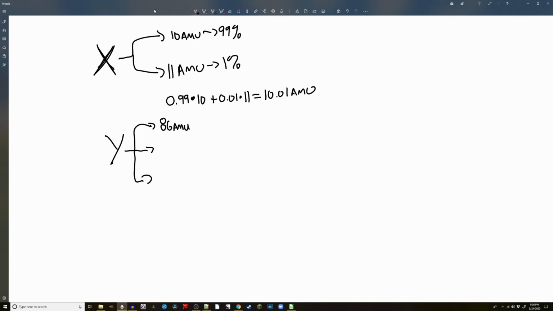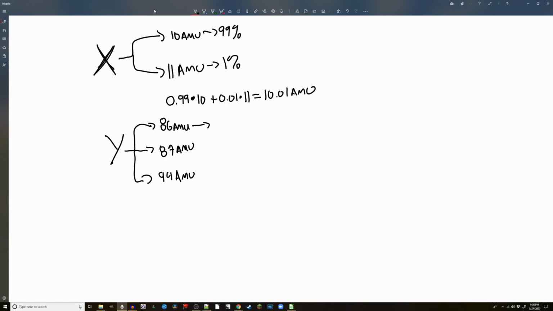The second isotope has 87. Why not? And the third, let's say 94. Just because. I'm sure there is no element that has this particular arrangement.